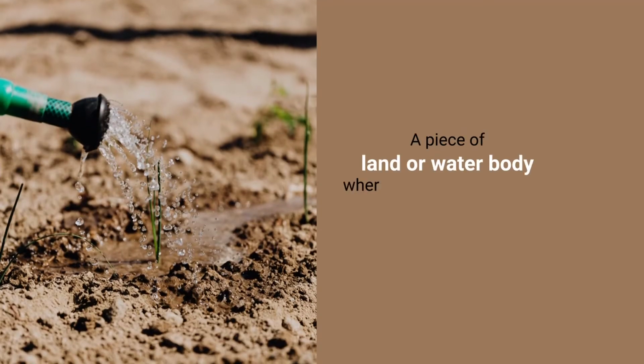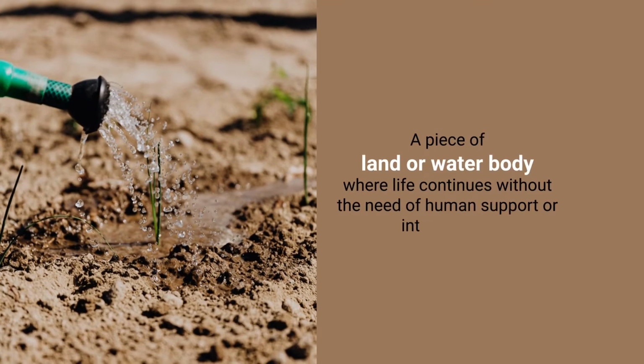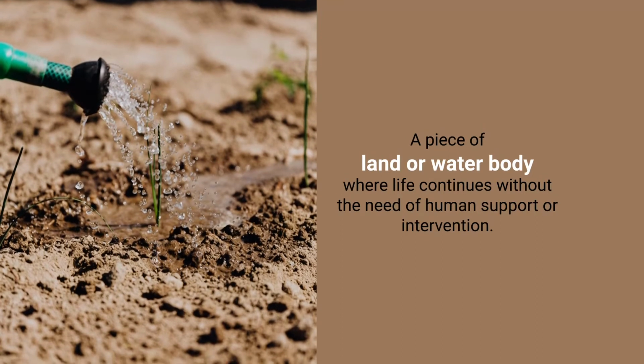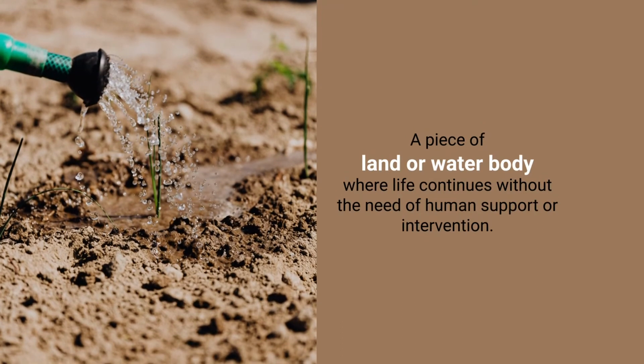So in simple words, it can be defined as a piece of land or water body where life continues without the need of human support or intervention, meaning living in that particular place in its own natural way.